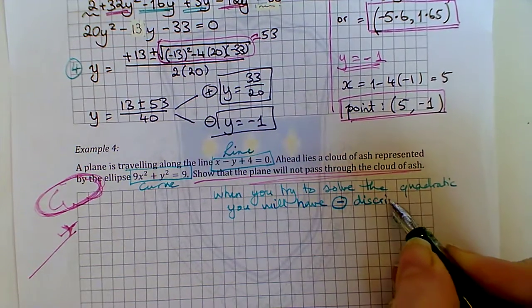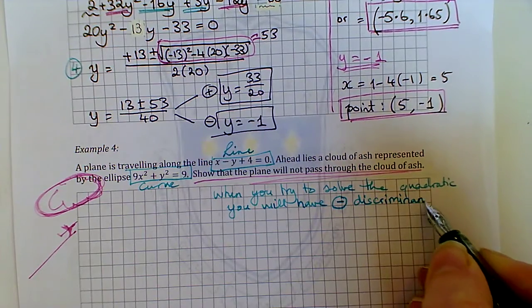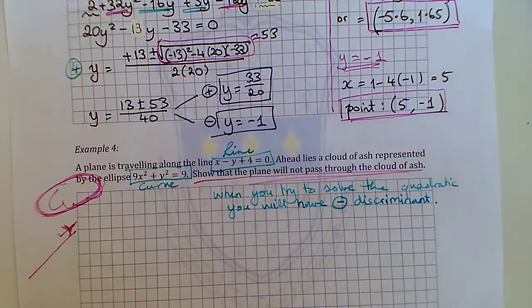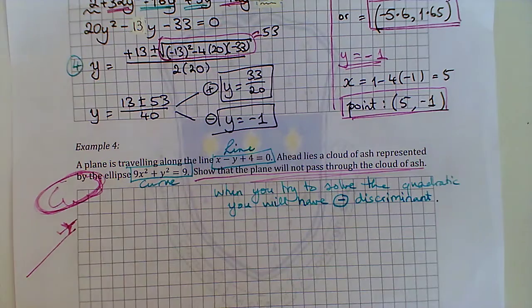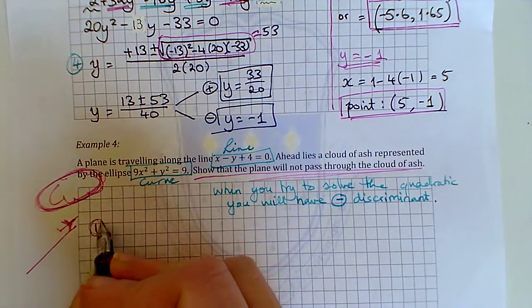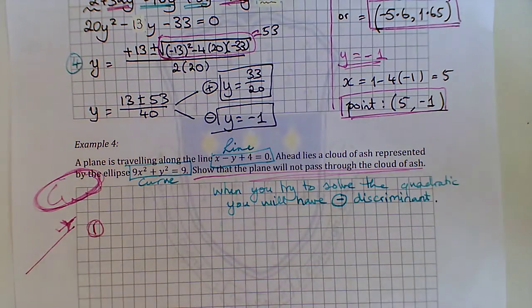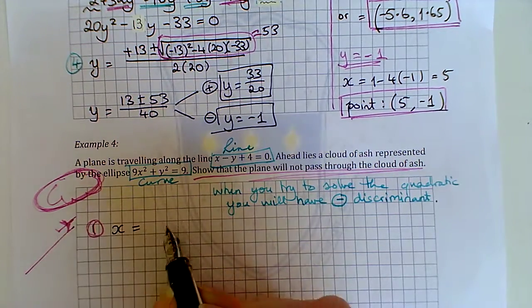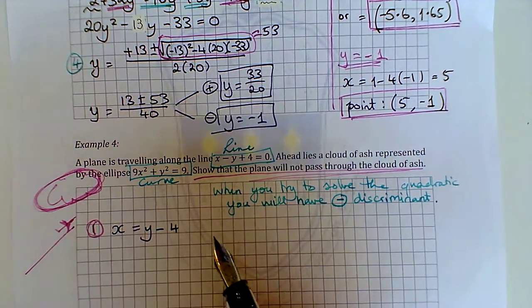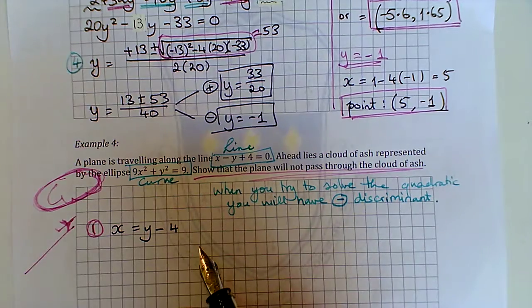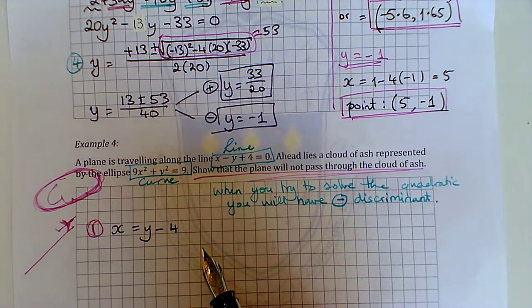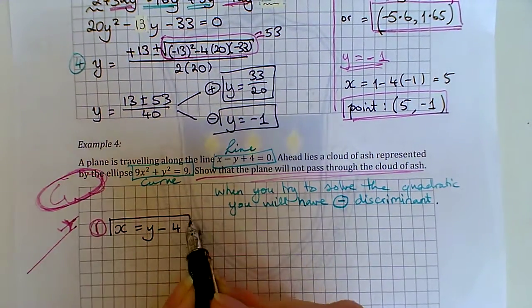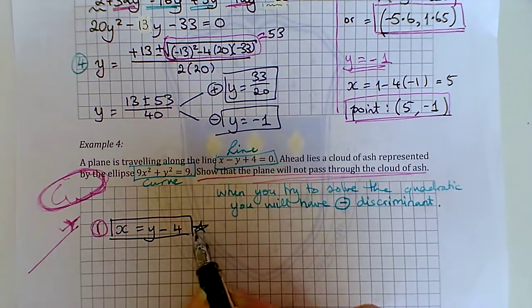The number under the square root sign will be negative, and you can't solve it. So we know that that should happen if we solve this correctly. So let's go through the process. The first step will be to rewrite the line as x equals y minus 4. That's bringing everything to one side. So I've got x equals y minus 4, and that's my star equation.